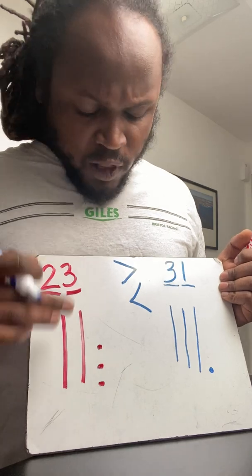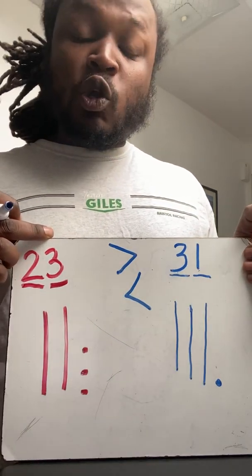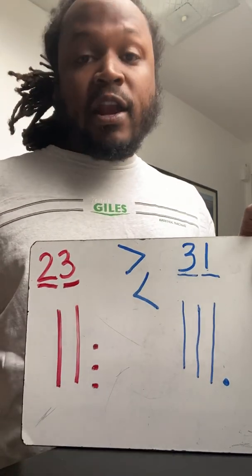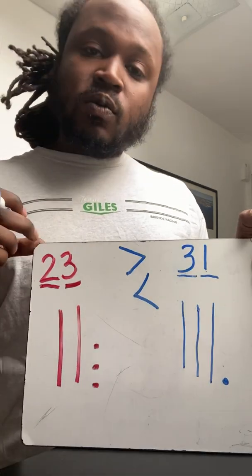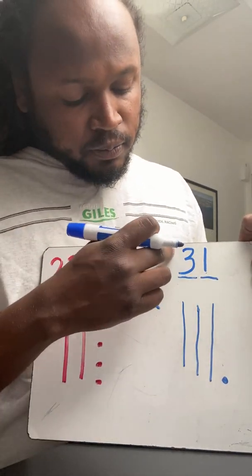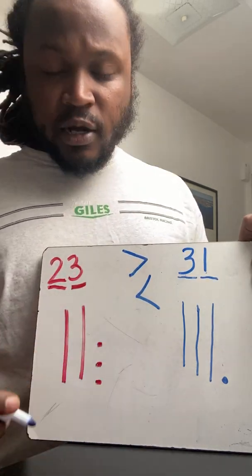All right. So if we look at the number 23, is 23 greater than 31? And the word greater than means more than. Is the number 23 greater than 31? Or is the number 23 less than 31?